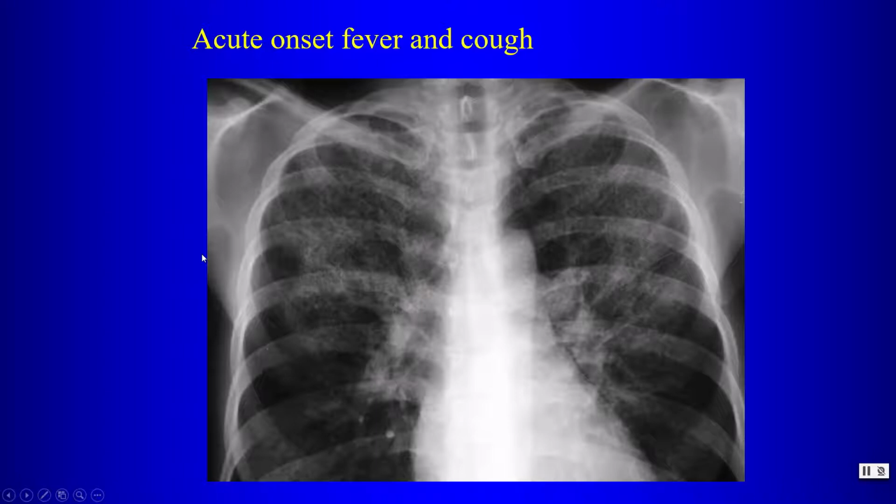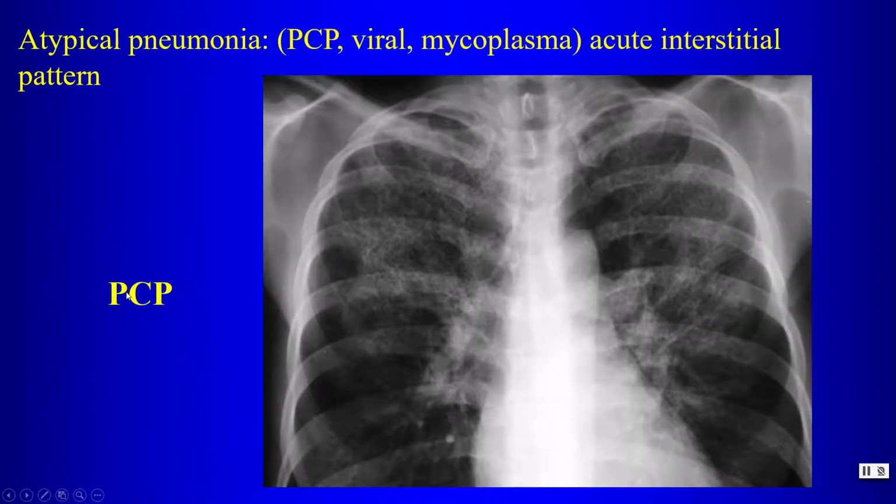Now, if I tell you that this patient has acute onset of fever and cough, and we see here some ground glass opacity and some interstitial changes predominantly in the upper lobes, well, this is an example of an atypical pneumonia. So for atypical pneumonia, we think of viral pneumonias, but we can also think about pneumocystis, especially if the patient is HIV positive, and that was the case here.